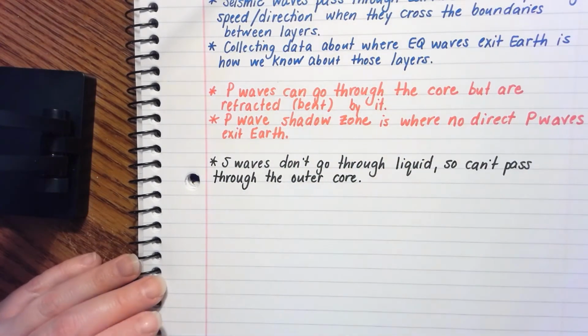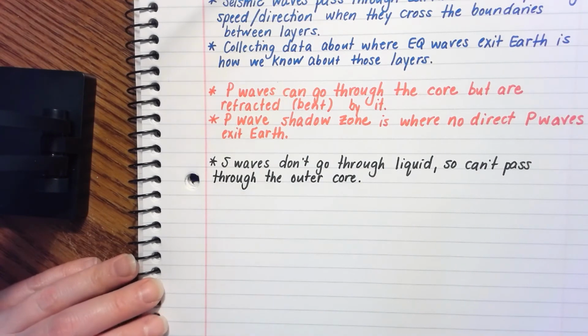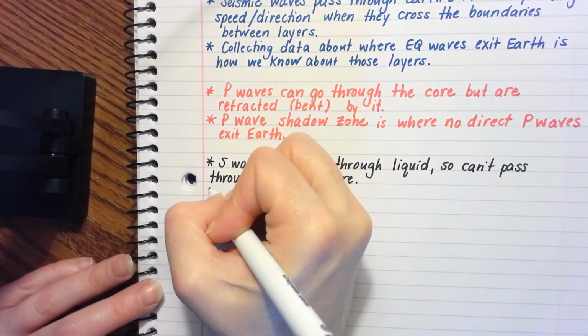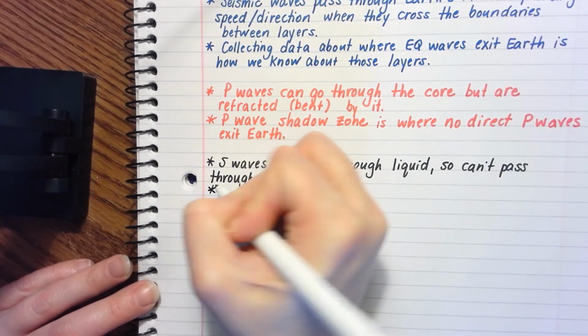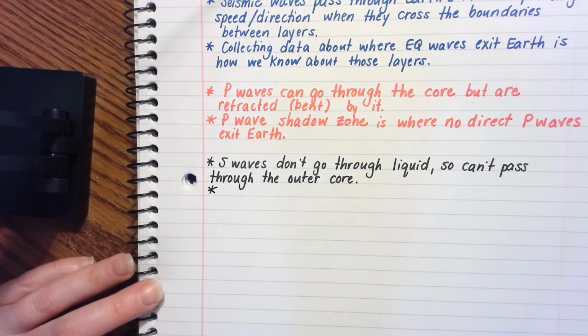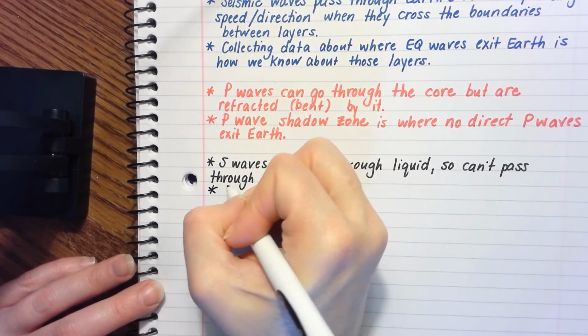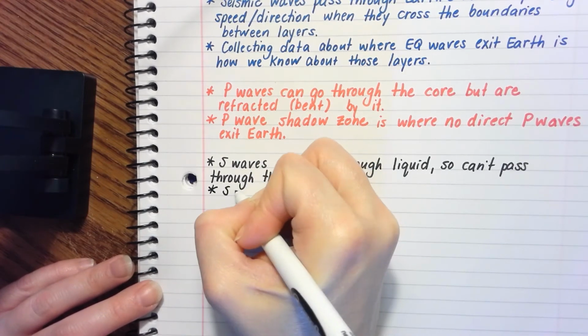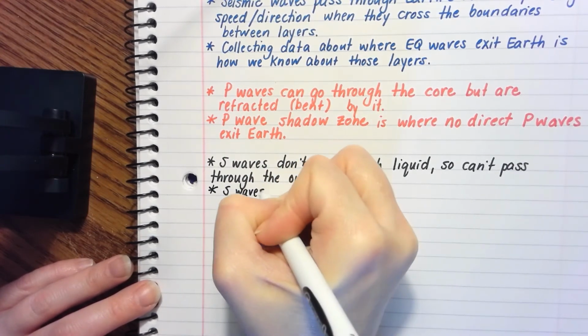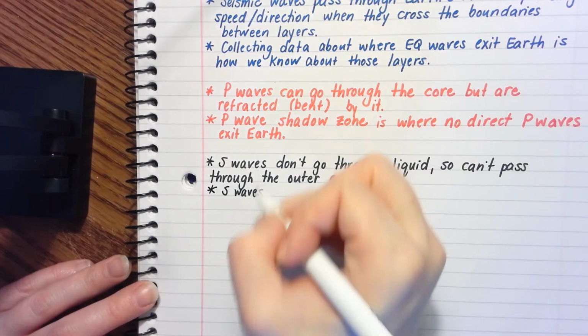And in fact, this is how we know that the outer core is a liquid, because we look at where the S waves come out on the other side of the Earth, and there is a shadow zone for S waves as well, and that tells us, kind of through a little bit of backtracking, where those waves have been and where they haven't been.